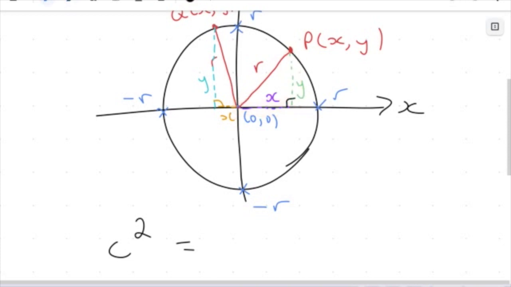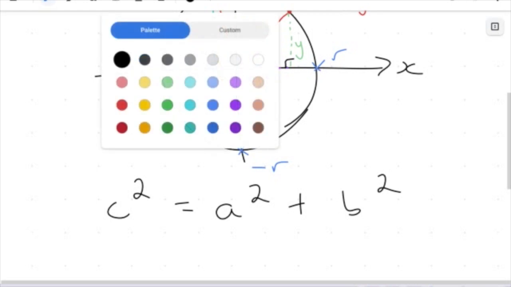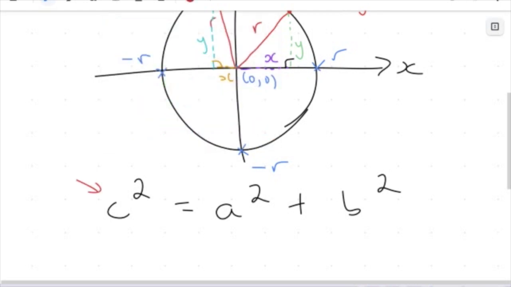So C squared equals A squared plus B squared. So my hypotenuse here squared equals the sum of the other two sides squared.